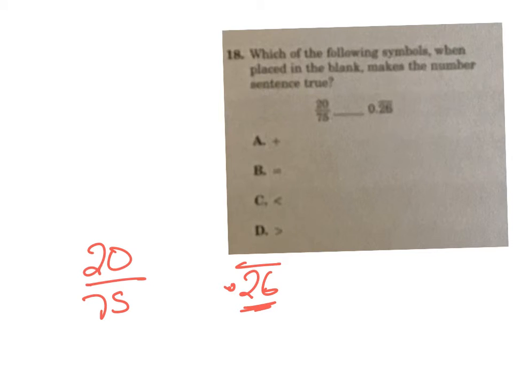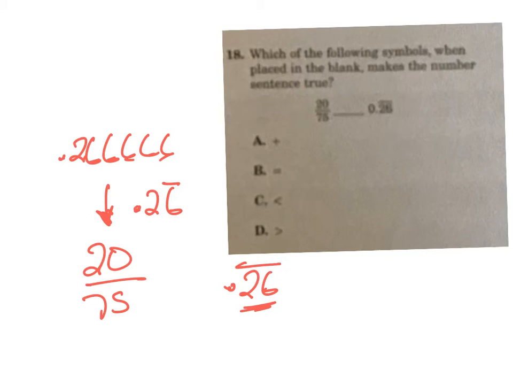So I'm going to make this into a decimal so I can compare decimals to decimals. So I do 20 divided by 75 equals 0.26666. That 6 goes on forever.